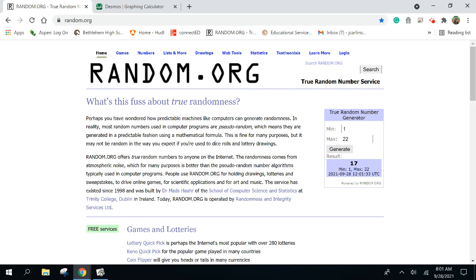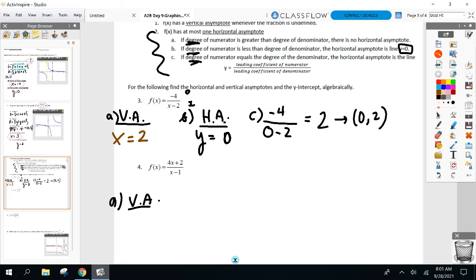Sarah, where's this undefined? At 1. I will not give you credit for this though. You just write x equals 1, because I'm looking for an asymptote, which is a line, so I need the equation of a line. X equals 1.